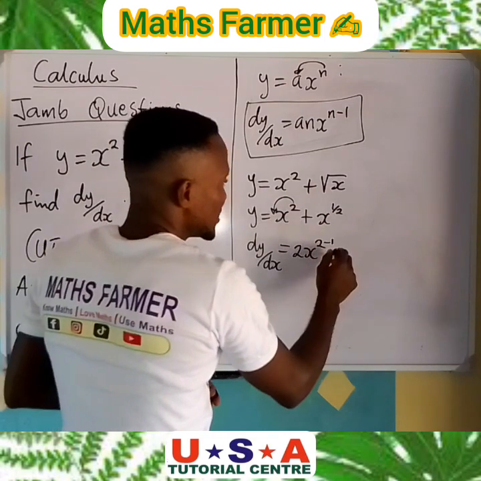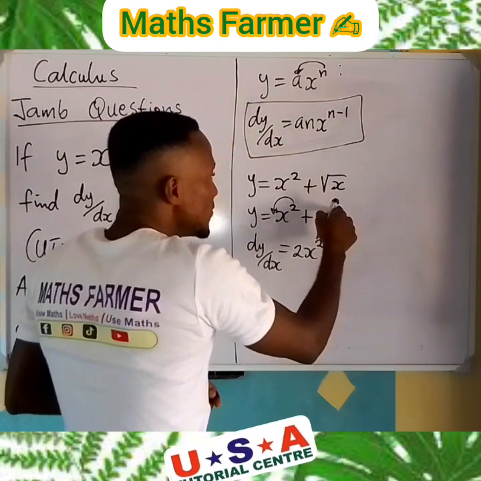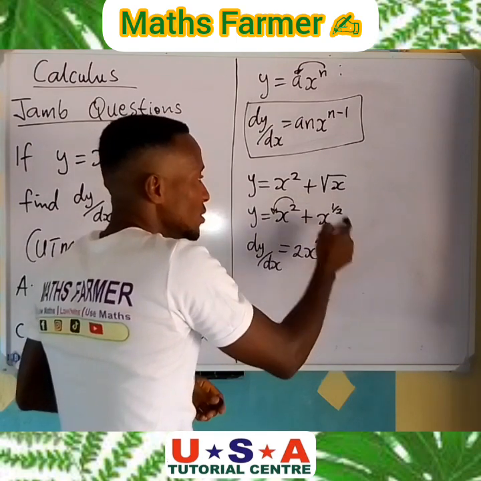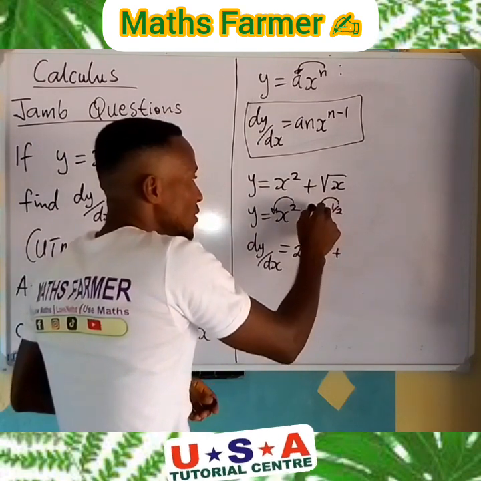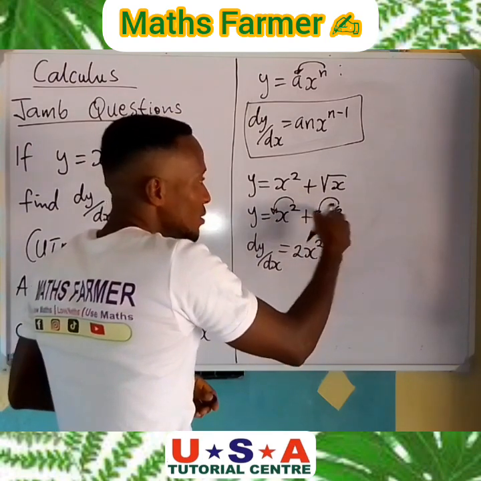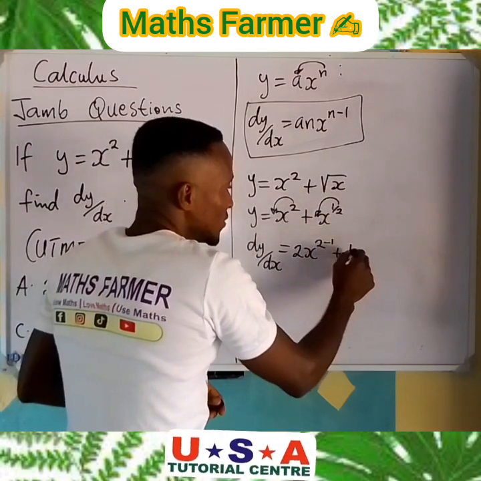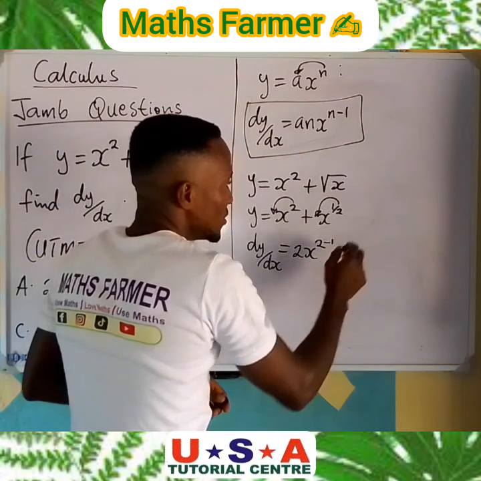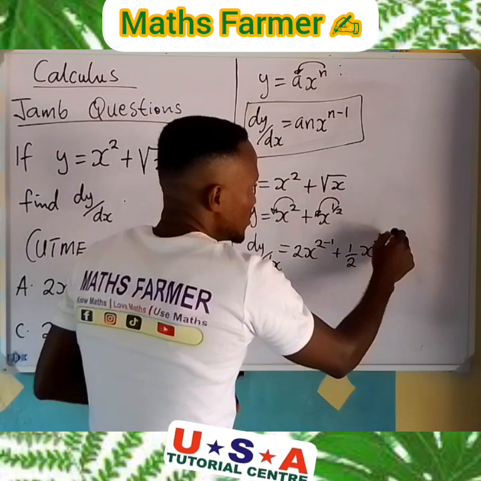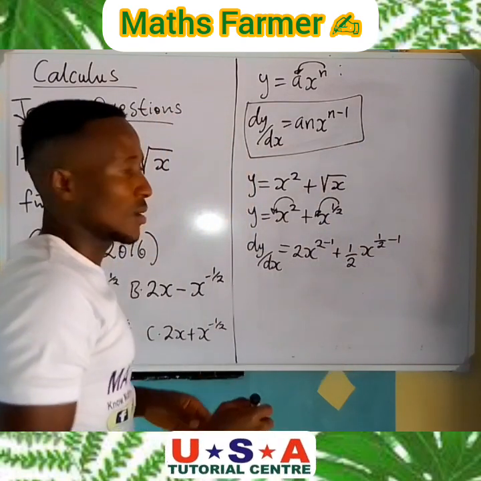Then coming to this side, plus, the power of x is half. That is 1 over 2. We use it to multiply the coefficient of x. What is the coefficient of x here? 1. That means 1 over 2 times 1 is 1 over 2. We have our x to the power of 1 over 2 minus 1. Remove 1 from the power.